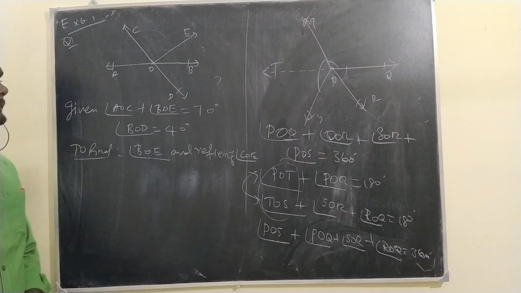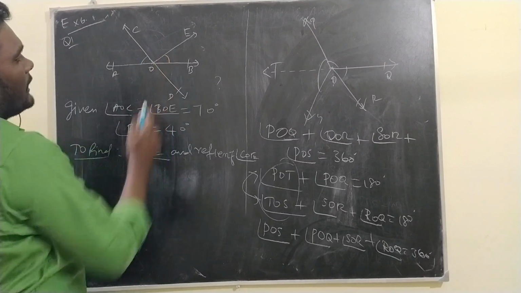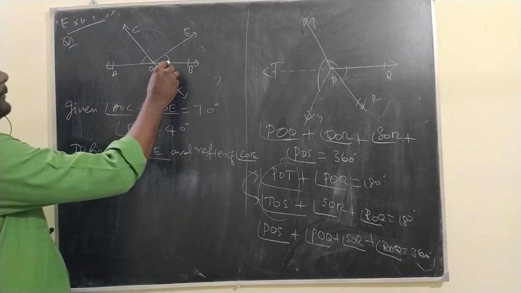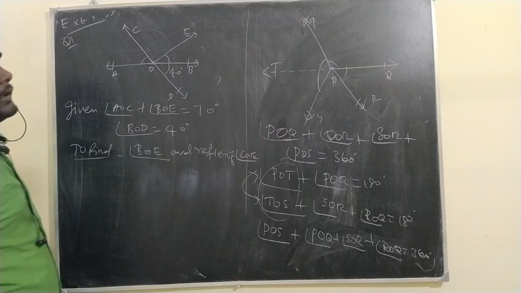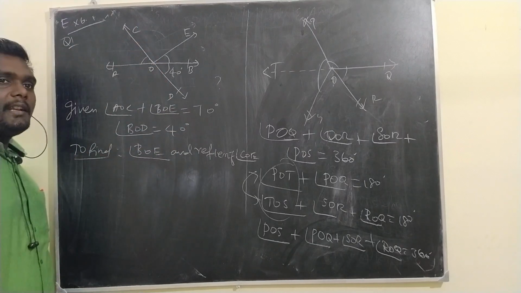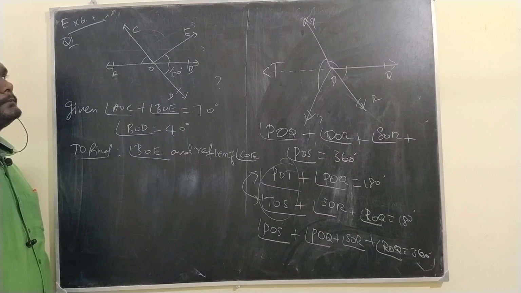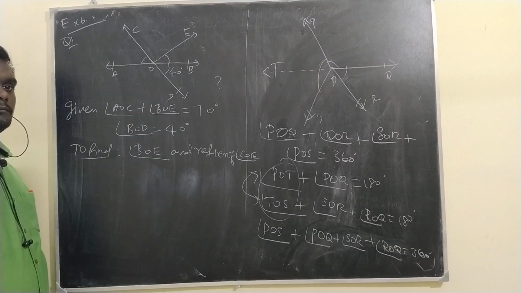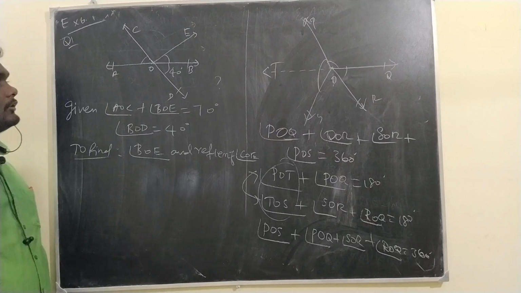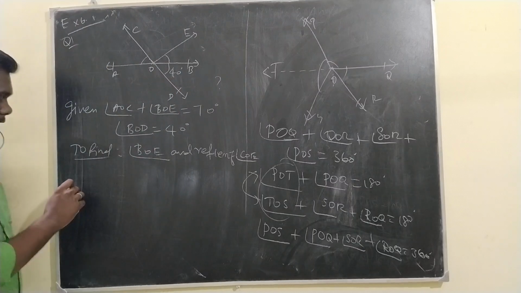And then how will you find this one? AOC is this one and then BOE is the other one. Also they say BOD is 40. Now along the line CD, if you apply linear pair axiom, you can find the angle COE, right? Also along the line AB, you can apply linear pair axiom.